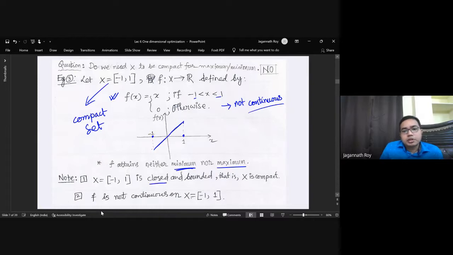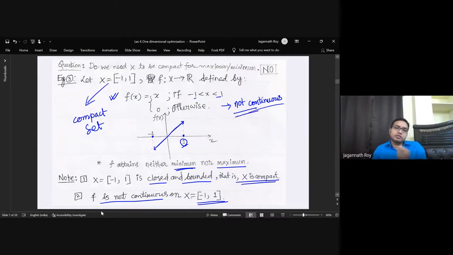So this is closed and bounded. But f is not continuous on the whole interval. It is continuous from here to there, except these two points, plus 1 and minus 1. Except these two points, the function is continuous. So in other words, it is not continuous on the whole set.